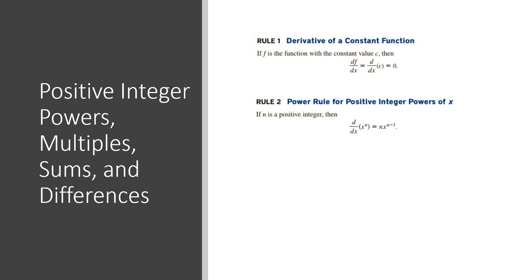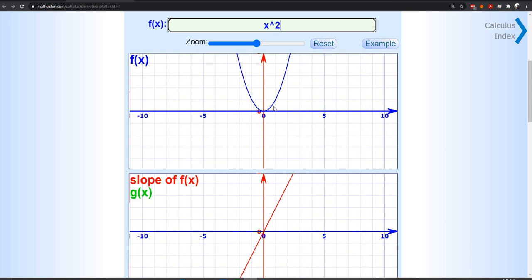Next, we have rule number 2, which is the power rule for positive integer powers of x. If n is a positive integer, then the derivative of x raised to the n is equal to n times x raised to the n minus 1. So let's take a look at another example. Again, here we have f of x equals x squared.